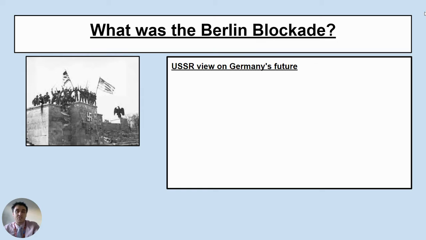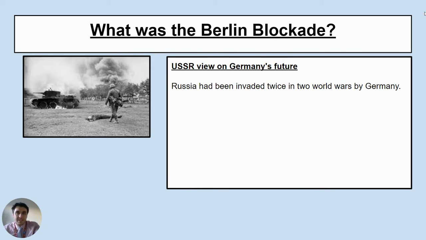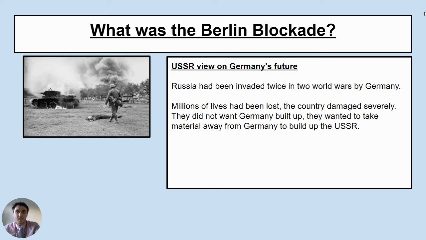So what was the USSR or Russia's view on Germany? What you must understand is that Russia had been invaded in 2 world wars by Germany very recently. Millions of lives had been lost. Russia had been severely damaged twice. That means if you're Russian, you don't want Germany to be built up again.